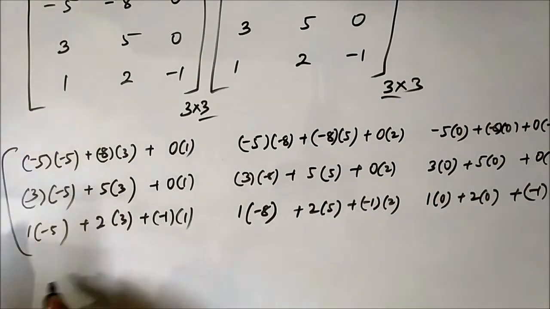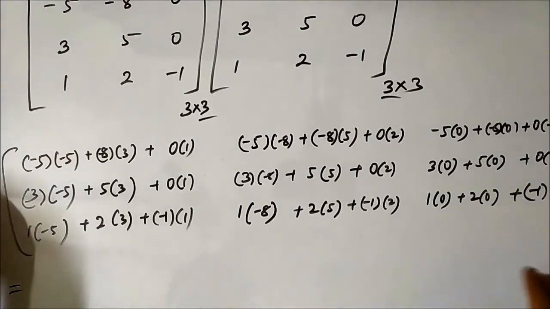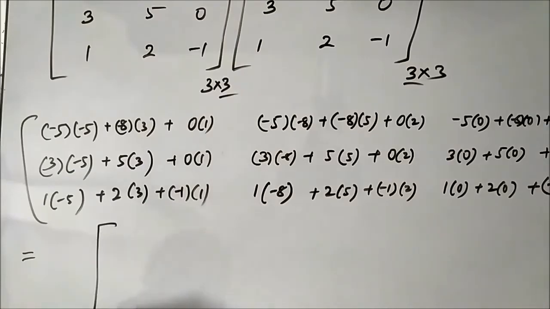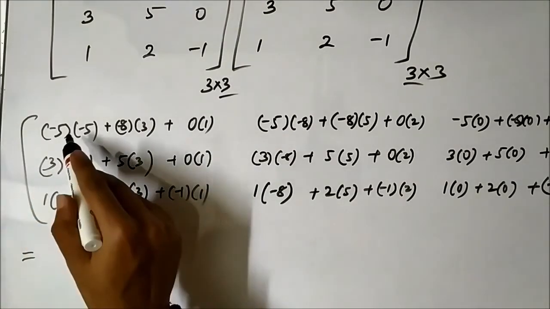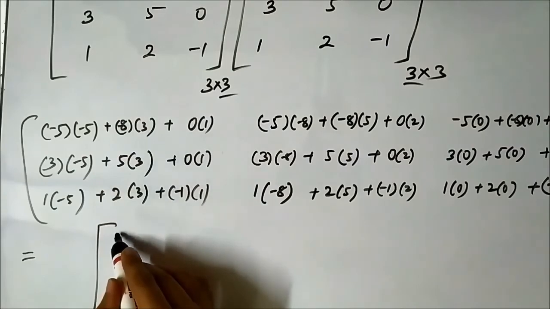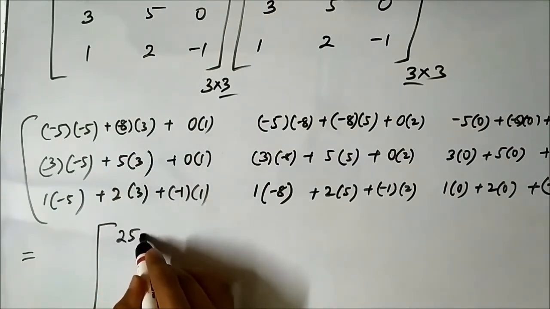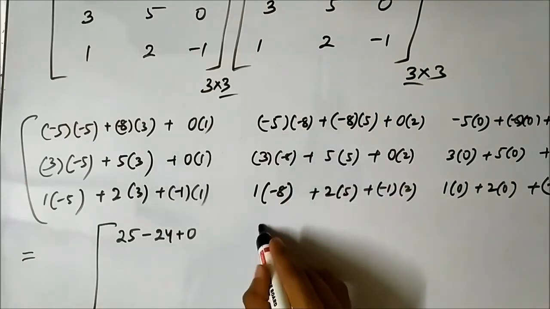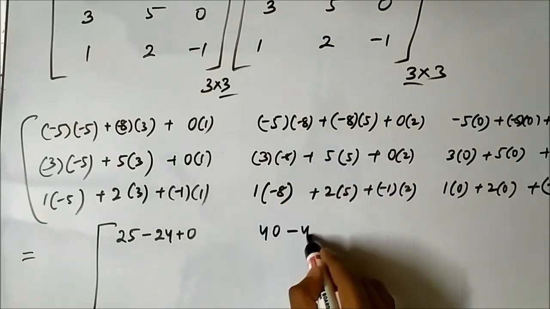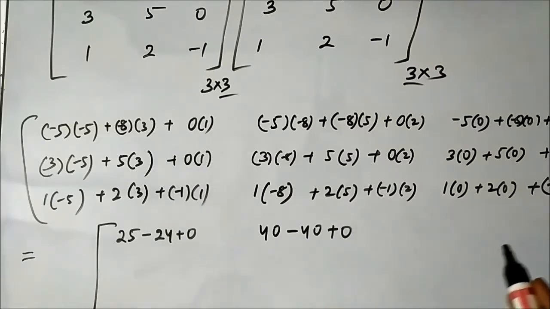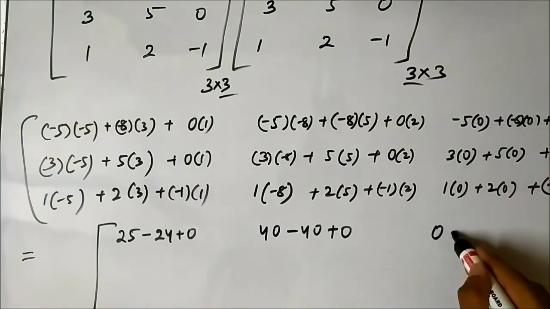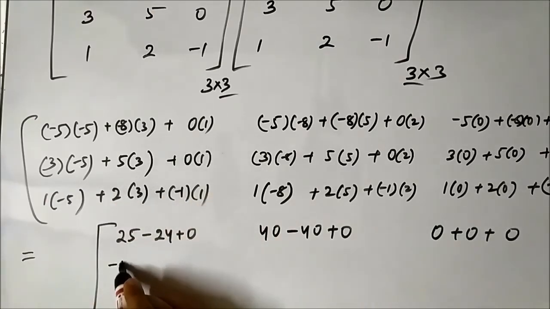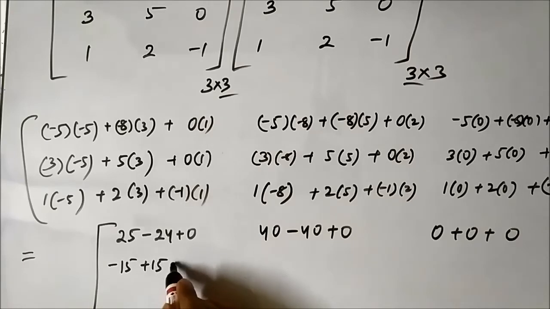Now let us see what the individual elements are. This is 25 minus 24 plus 0, 40 minus 40 plus 0, and this is 0 plus 0 plus 0. Next, this one is minus 15 plus 15 plus 0.